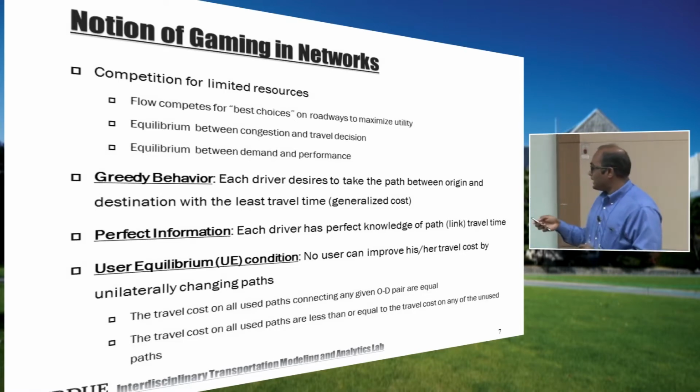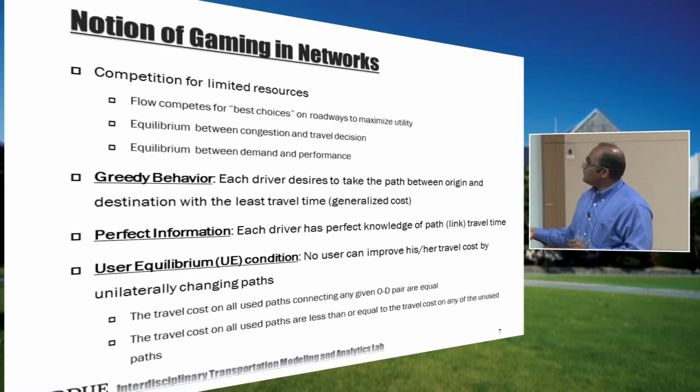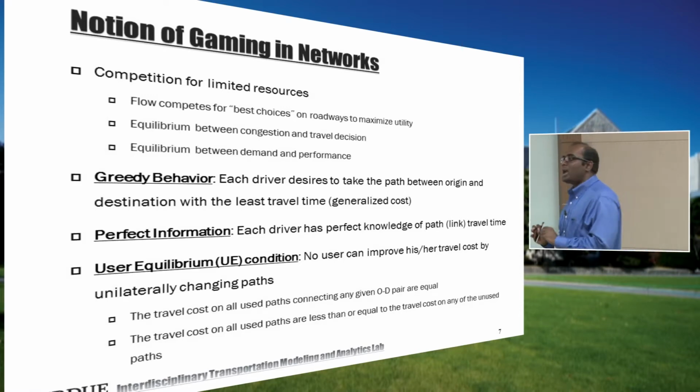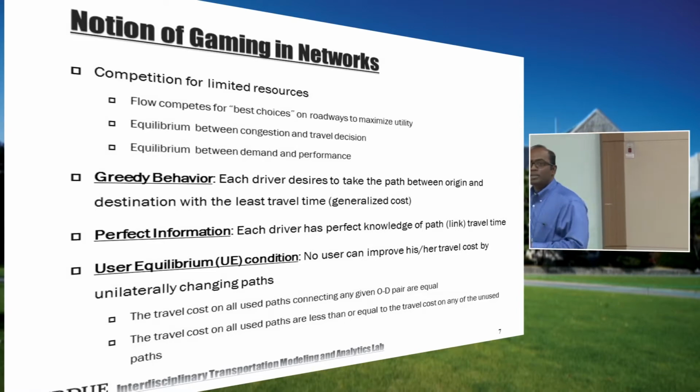Okay. So, and then, we want to be able to model the choices of the different flow, and then we want to be able to estimate and predict the flow on the transportation network, right?